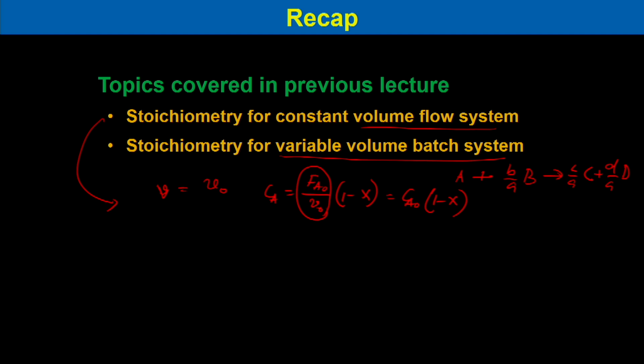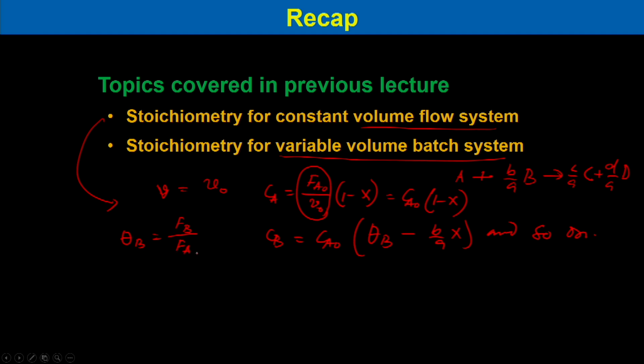Similarly, for component B, Cb is equal to Ca naught into theta b minus b by a into x and so on. In this case, this theta b is nothing but Fb naught by Fa naught.